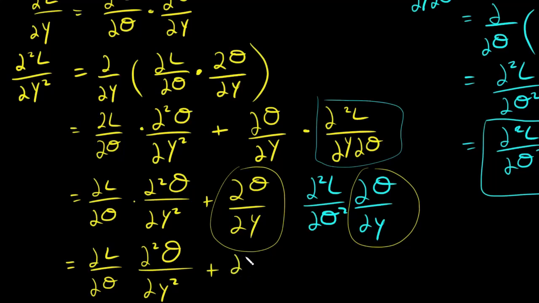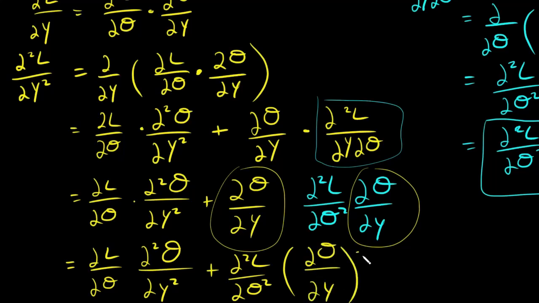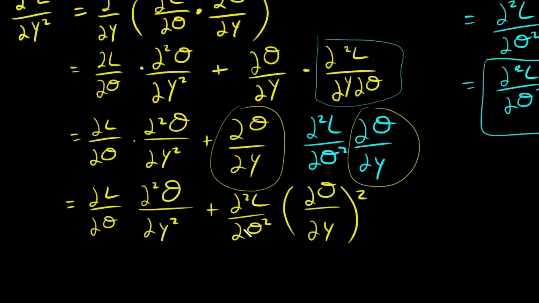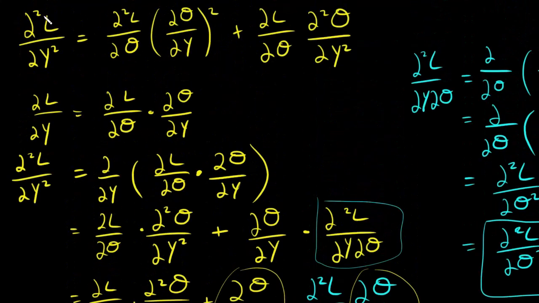Okay, second derivative of log likelihood with respect to theta, and then the first derivative with respect to y squared. Okay, and if we look back at what we had originally, they're the same, right? Just the sum is written in the other direction, but basically it's exactly the same thing. So there we go. We showed that first line there.